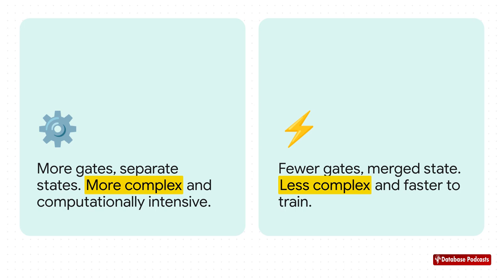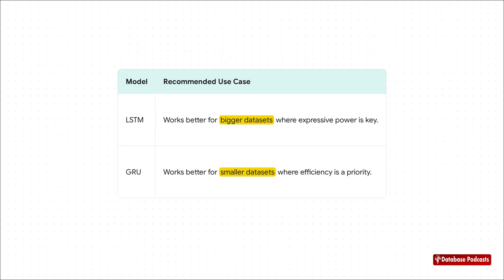The GRU, on the other hand, is way more streamlined. But here's the real punchline, the thing you really need for your day-to-day work. The general rule of thumb is that LSTMs tend to do a little better on really large datasets, where all that complexity can actually help capture more intricate patterns. GRUs, however, often shine on smaller datasets, where you're worried about overfitting and you really care about training speed.